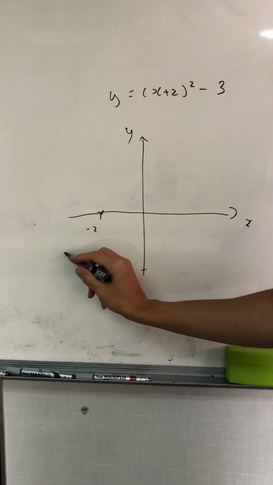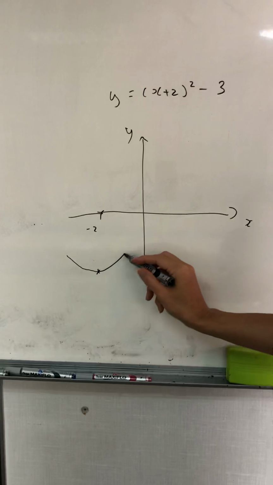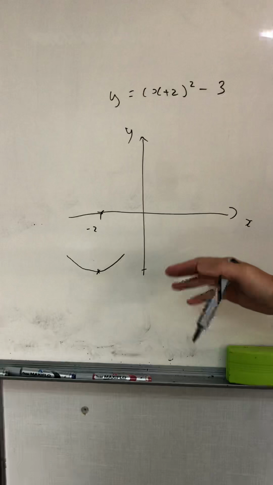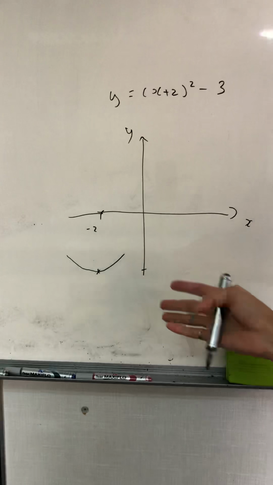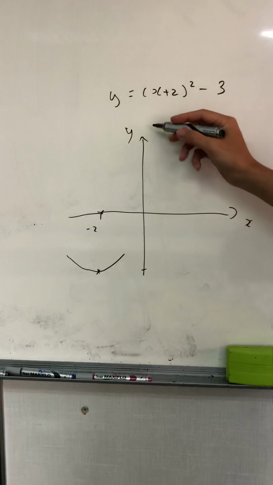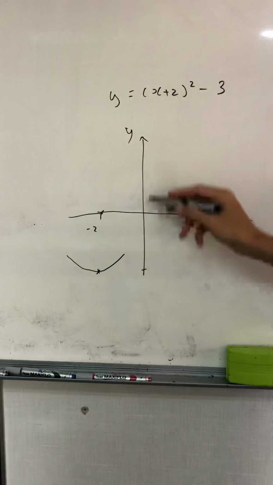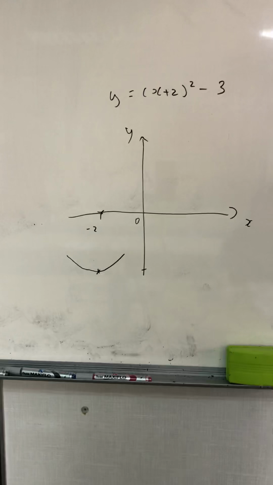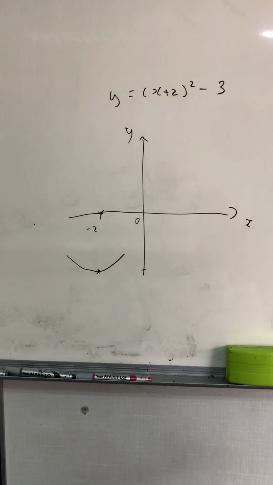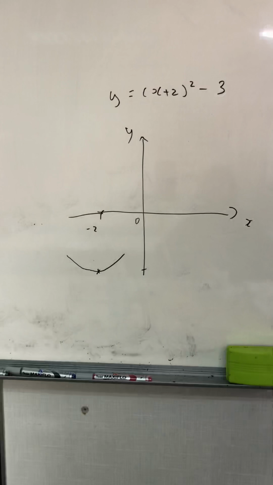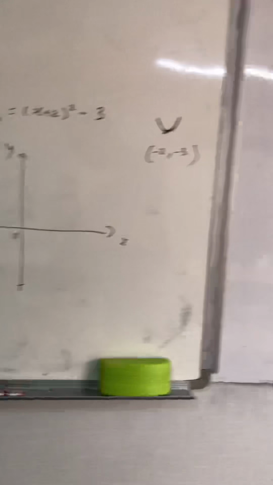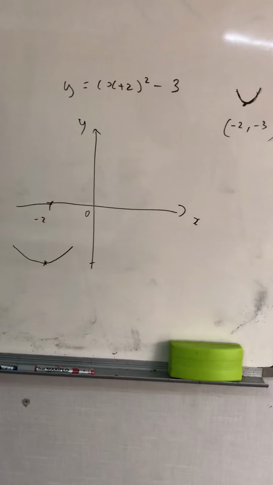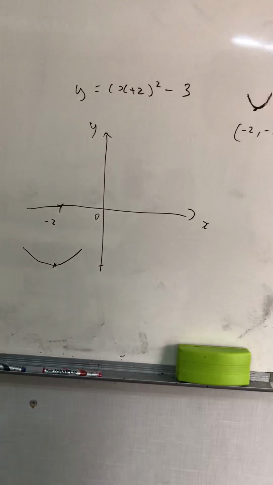Okay, so I know my U-shaped curve is going to go something like this. But then the next problem is I do not know where does it cut, right? So what can I do? Now let's say I want to find out where does it cut the y-axis. I put x equals to 0.